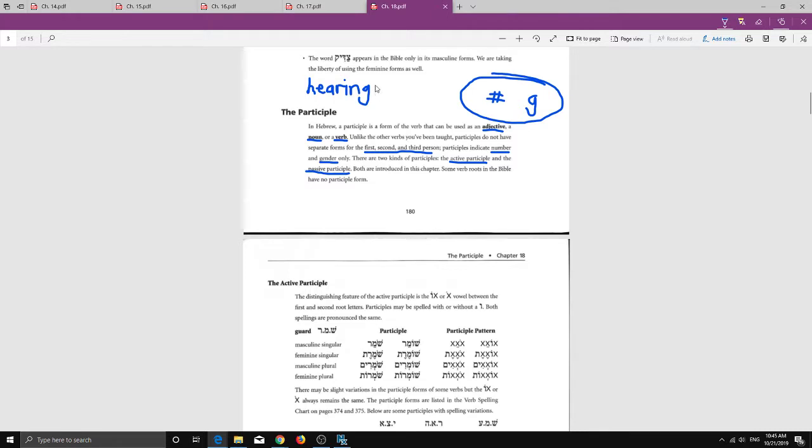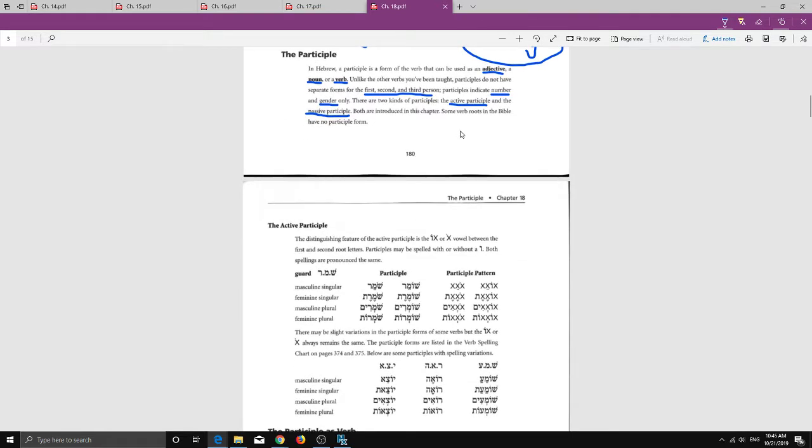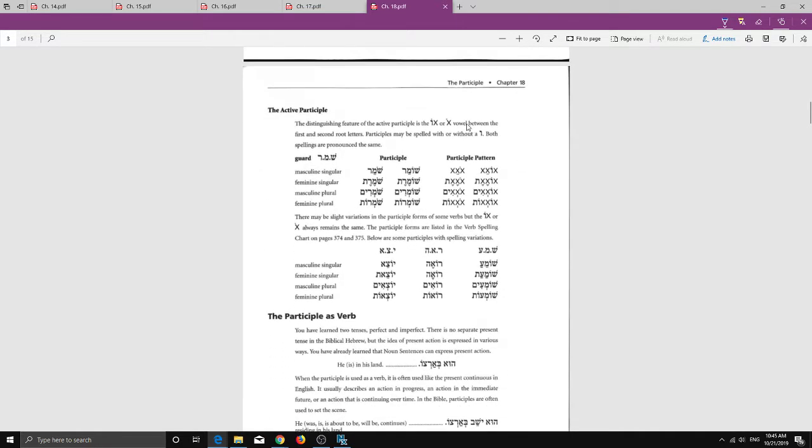A passive means that the subject is actually the object of the verb. So if I say something like, I was heard, heard would be a passive way of saying this. Okay, so let's kind of look at what this looks like in Hebrew.